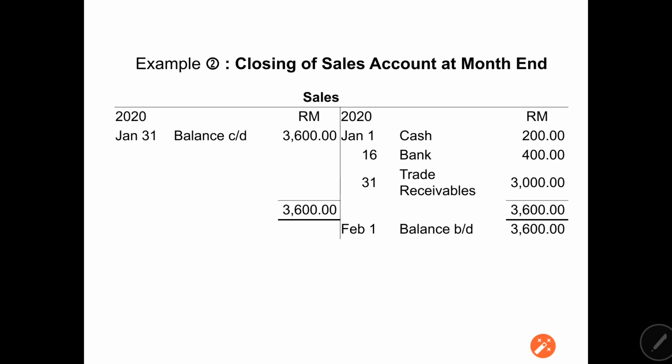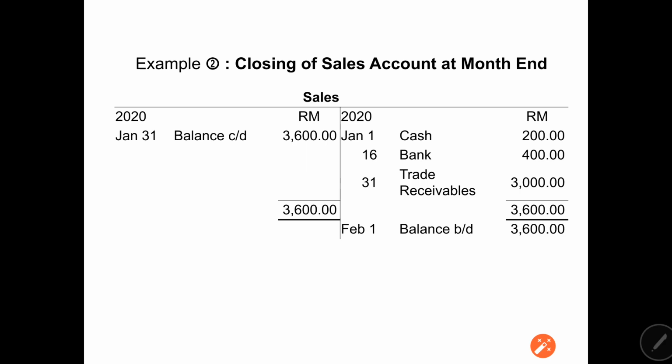Okay, and another example for the sales account. OK，如果是 sales 的话，其实也是同样的 concept。我们进账了一整个月，我们有花了这样多，我们有卖到这样多，有200，有400，有3000，也有现款的，也有赊账的。OK，当我们结账的时候，when we do the closing at the month end, okay, we do it on the debit side.